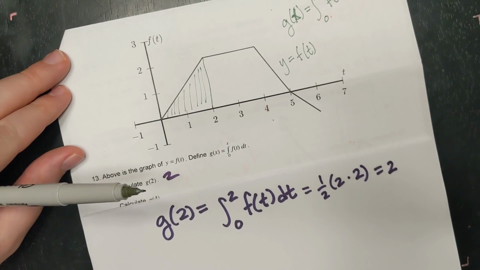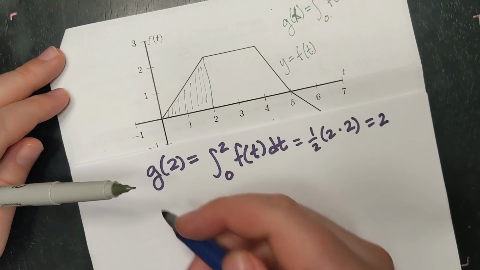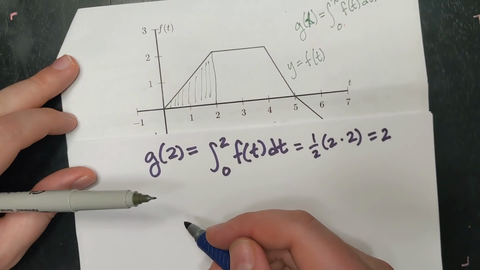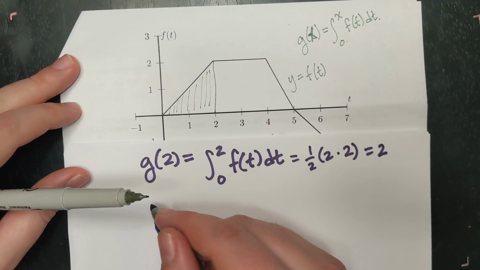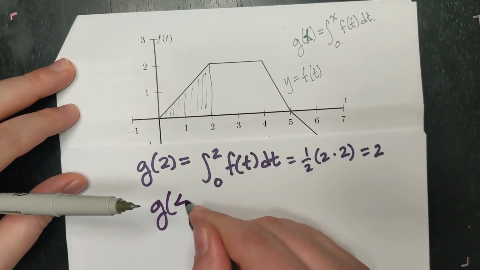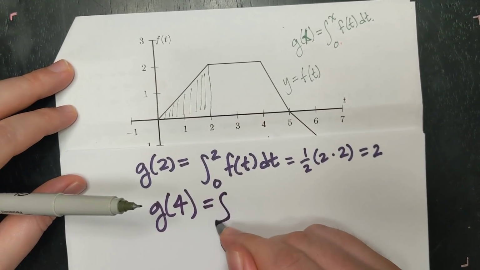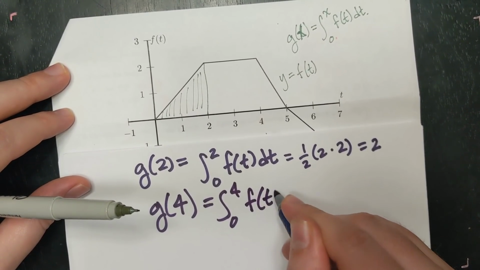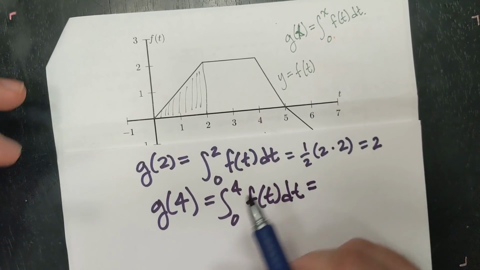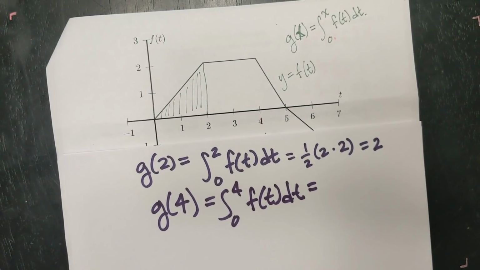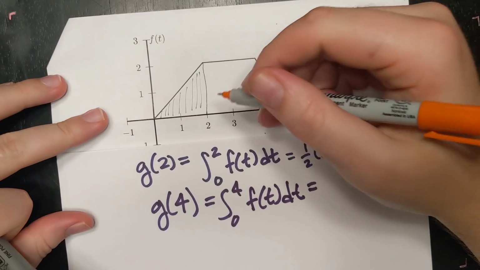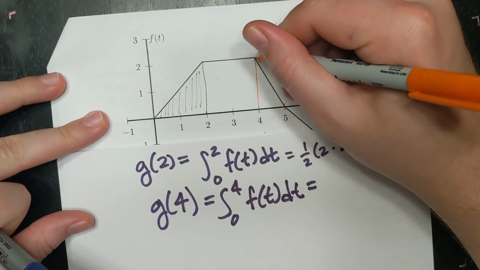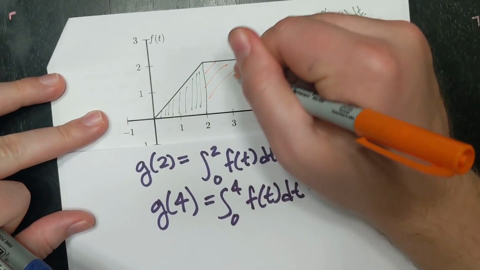Similarly, it asks us to calculate what g of 4 is. So to figure out what g of 4 is, we can say, well, g of 4 is just going to be the area from 0 to 4 of f of t dt. And so now you're adding this additional block of area, the area from 2 to 4.